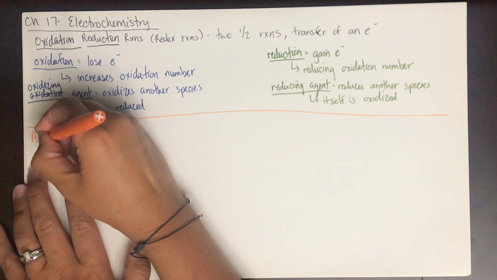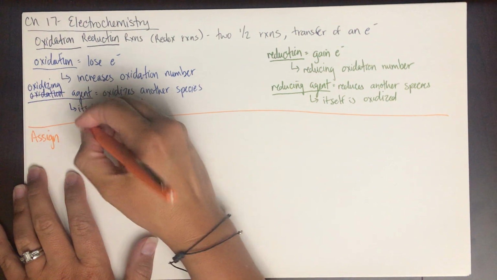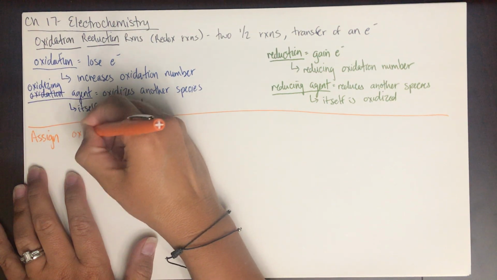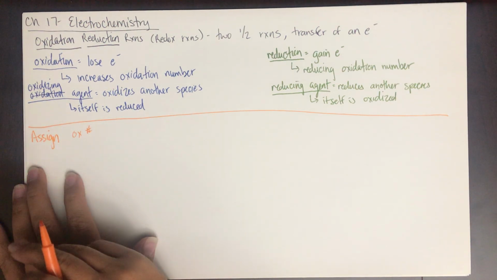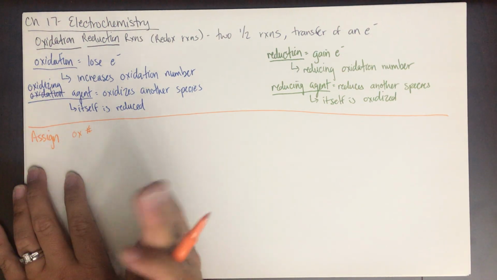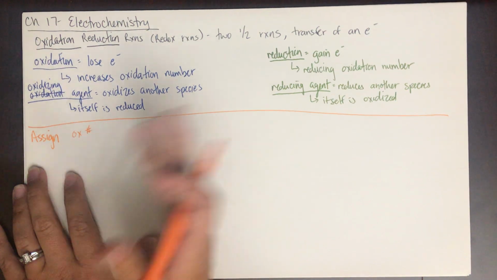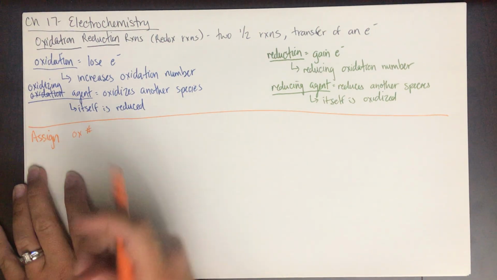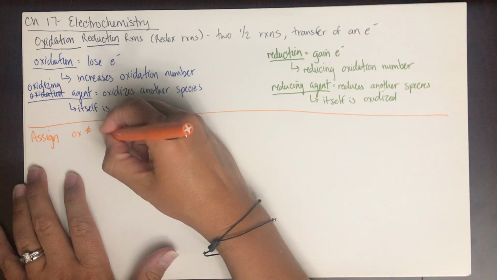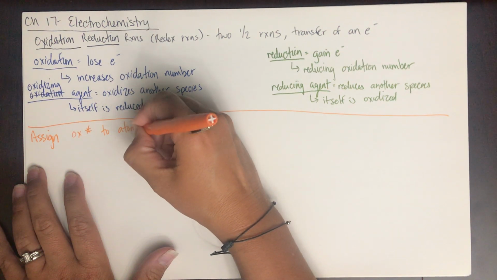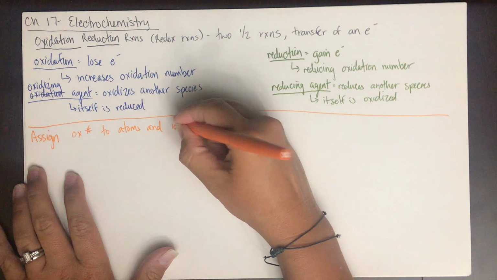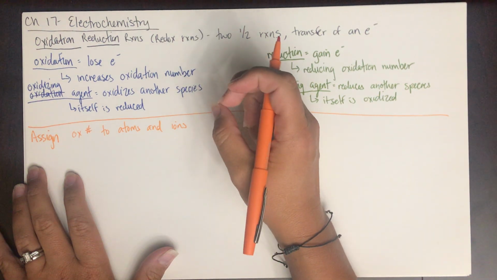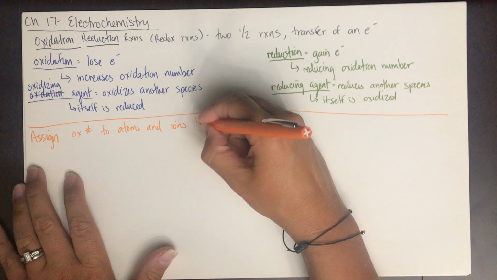And there's no such thing as a reduction number. It's just all oxidation numbers that we use for both the oxidation and the reduction sides of these reactions.